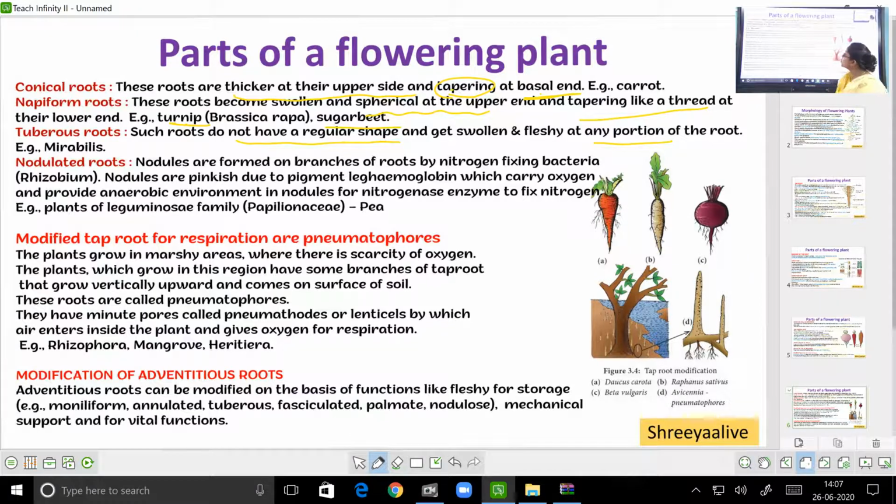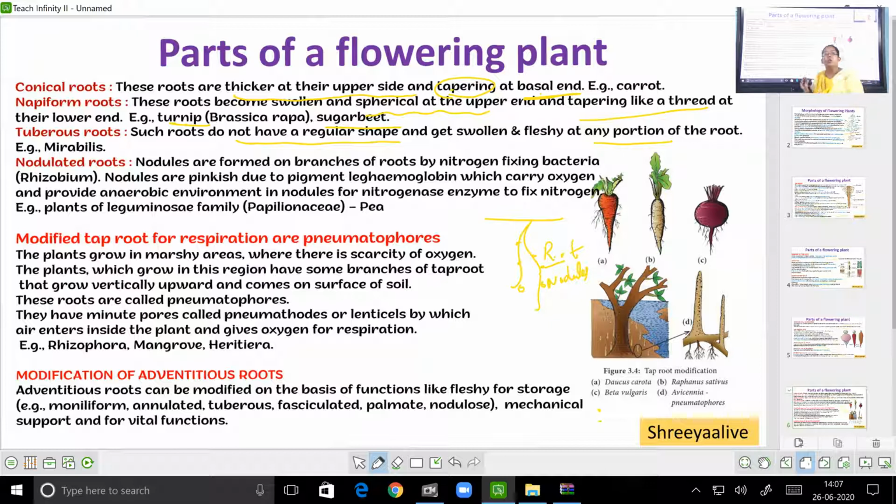Next, we have nodulated roots. What are nodulated roots? When we see a complete groundnut plant, on the root we can see small nodule-like structures. These nodules are called root nodules.